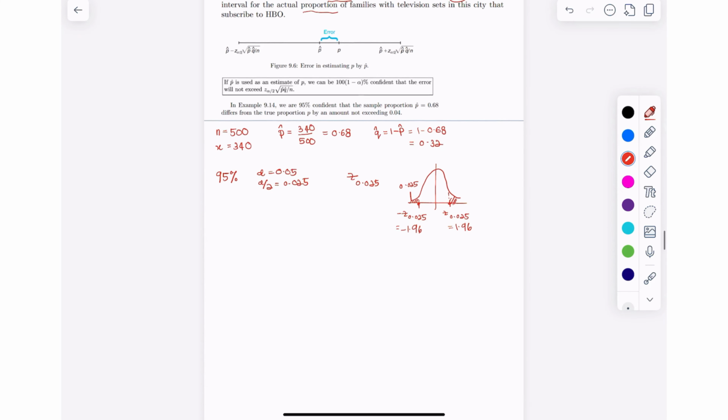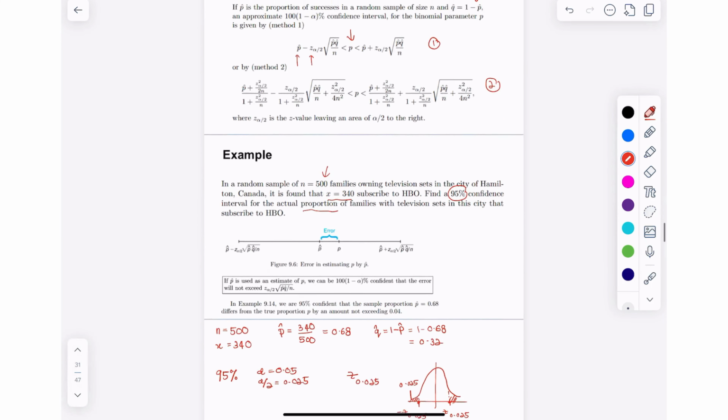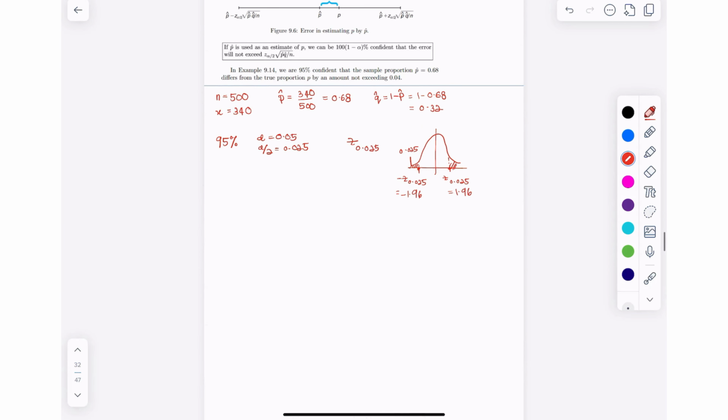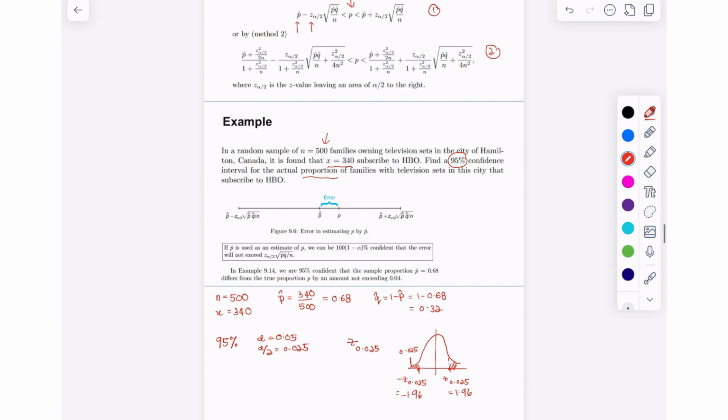Okay, so we can construct the confidence interval. We have P hat that we calculated, 0.68, minus the Z alpha over 2, 1.96, multiplied by the square root of P hat multiplied by Q hat over n.